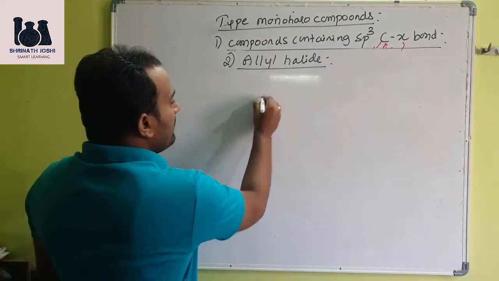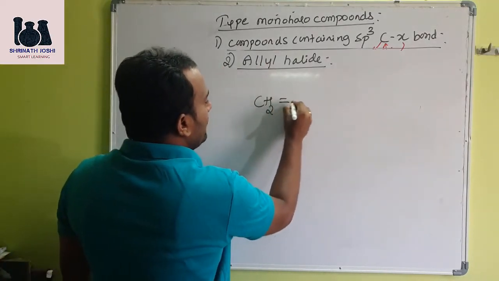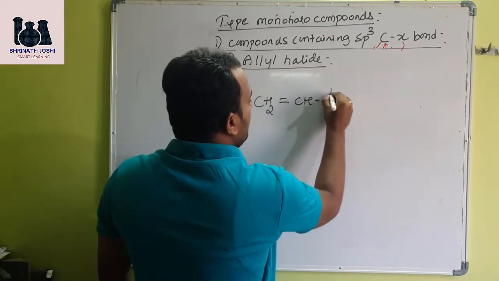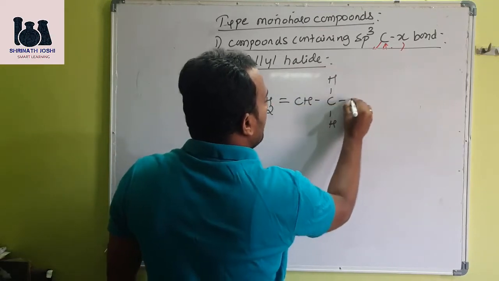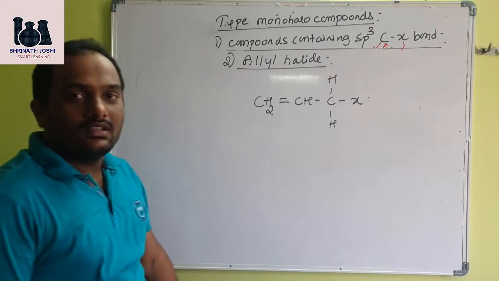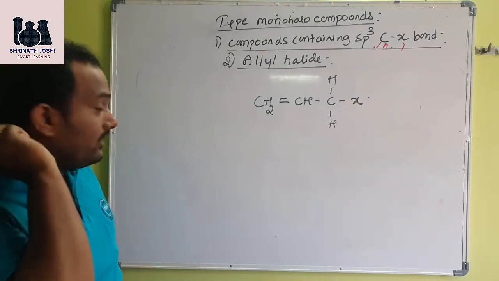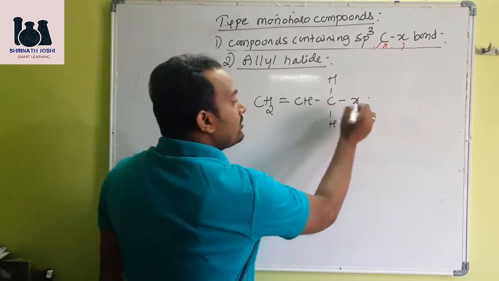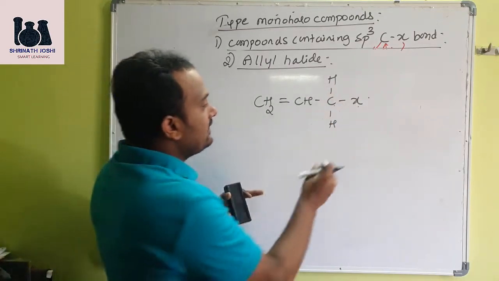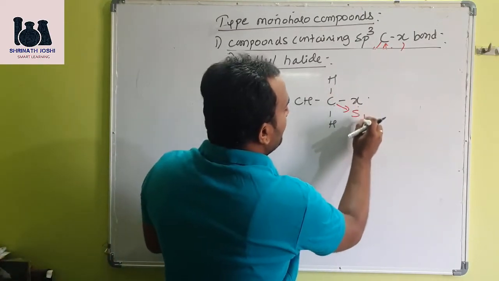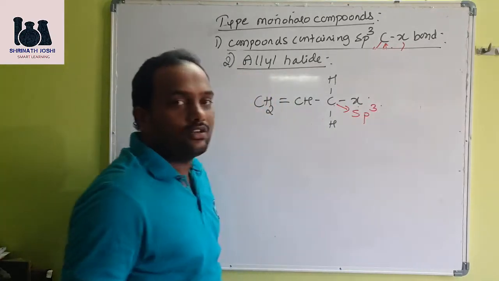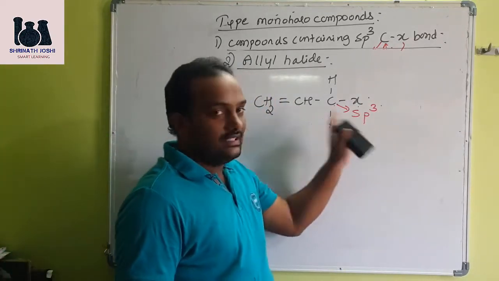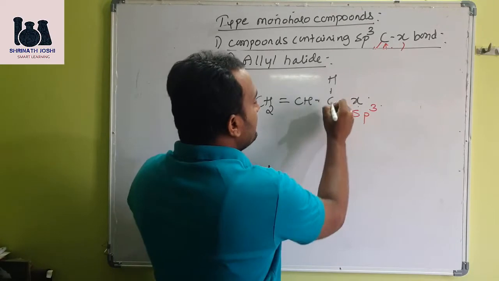Now look, some compounds I write: CH2 double bond CH, CH2, and X. Is it not? Now I told earlier case also, don't look into the remaining group, you look into the carbon where halogen is bonded. Here, this carbon, without any hesitation, I will write without any confusion, it is undergoing sp3 hybridization, because everywhere it is singly bonded.